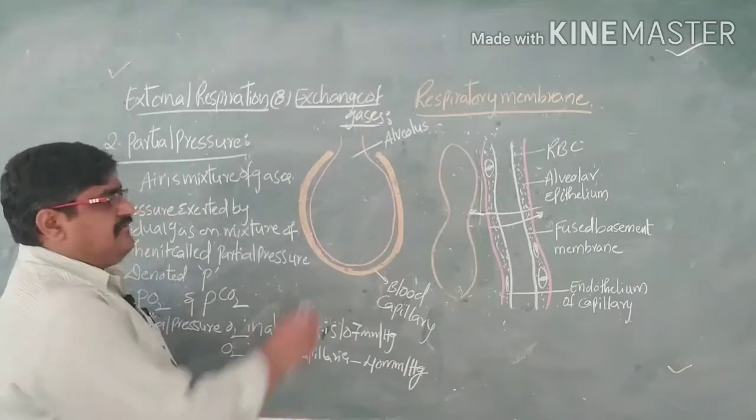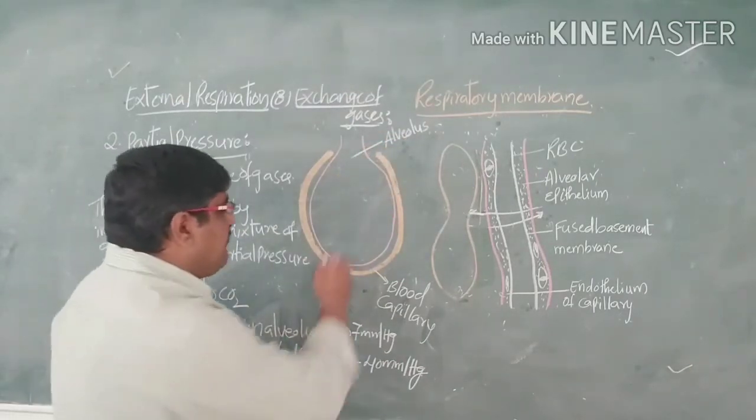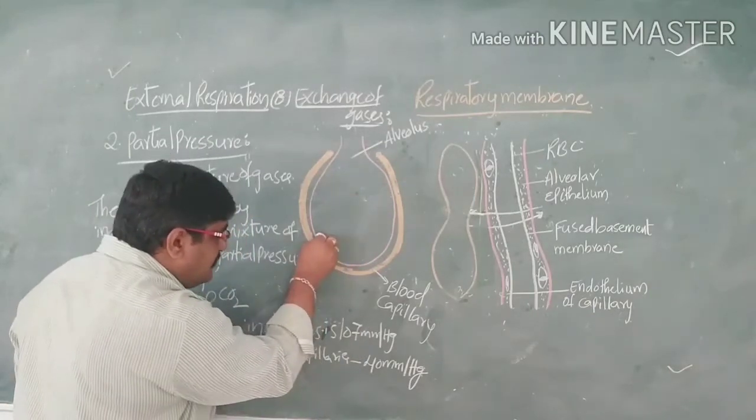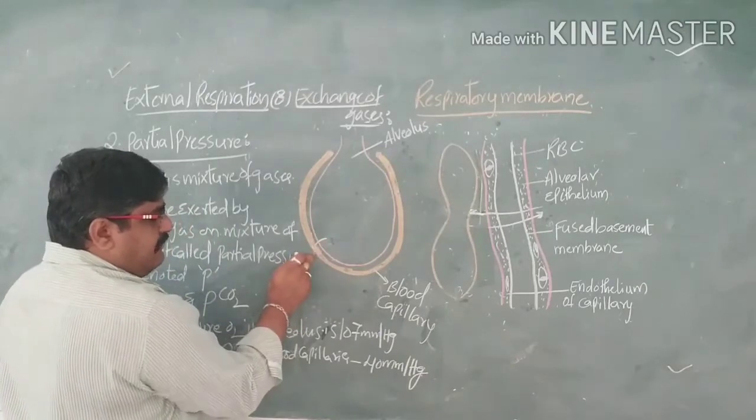So oxygen diffuses from the alveolus into the blood capillaries.